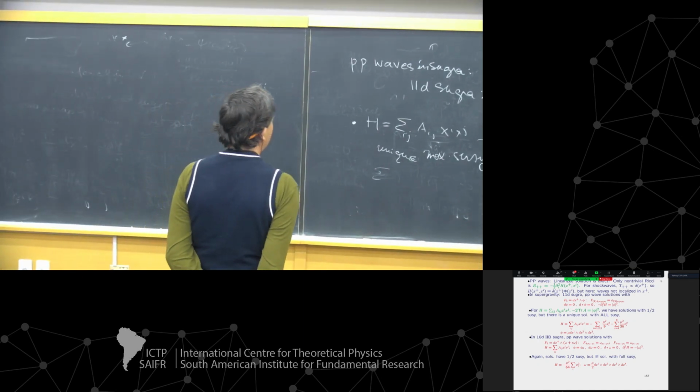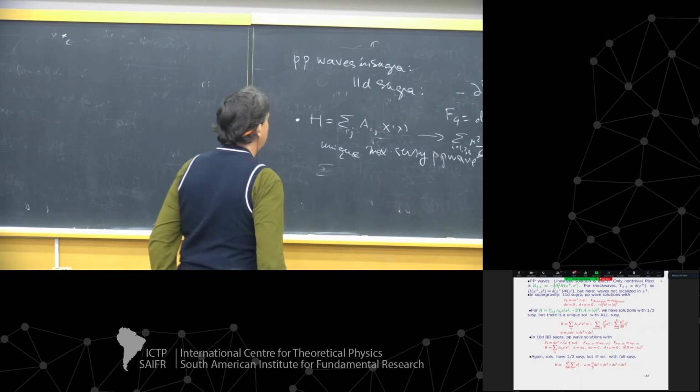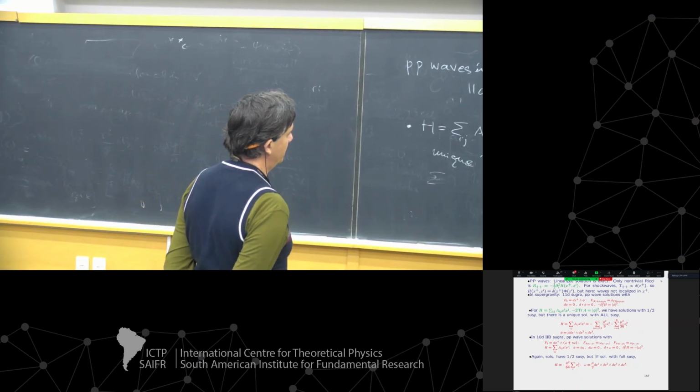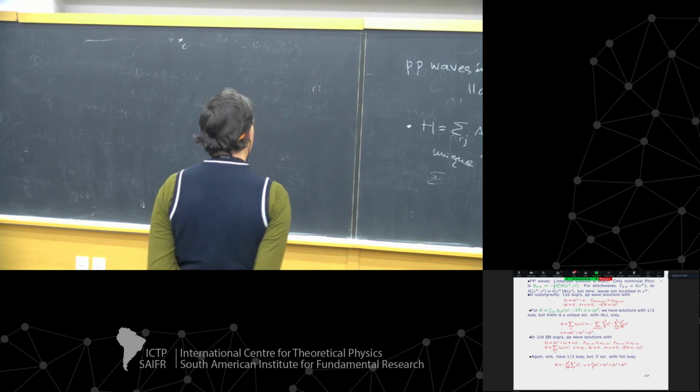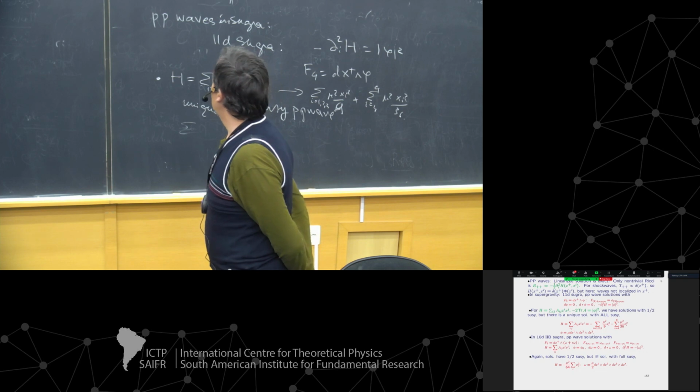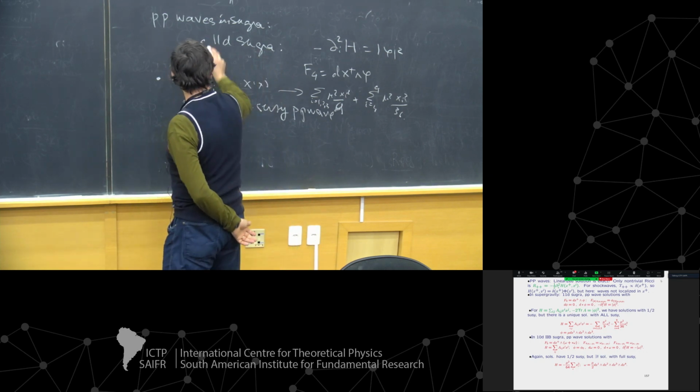And so a generic PP wave solution will have 1/2 supersymmetry, but there's a unique one that has the maximal supersymmetry. And the same thing happens in 10-dimensional supergravity.